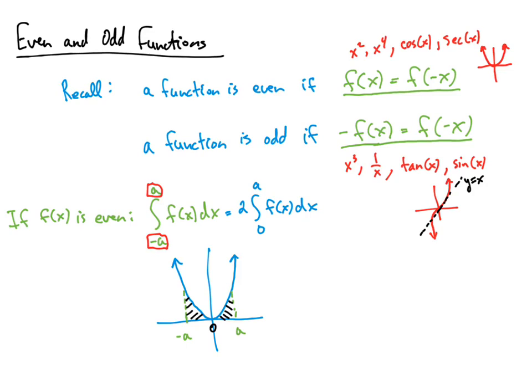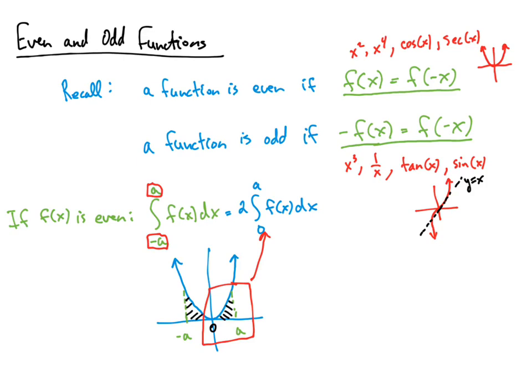So we could just evaluate this portion right here and multiply it by 2. So we could just integrate from 0 to a, multiply that by 2, and that'll give us the value of that definite integral.